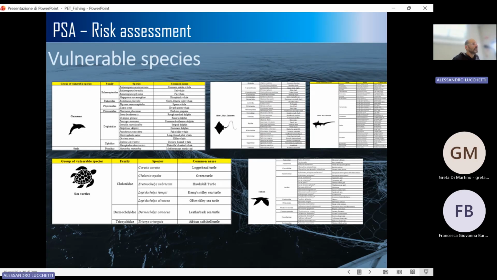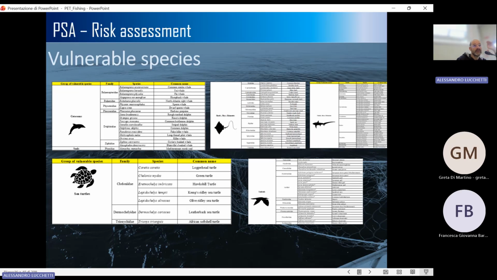So dealing with the vulnerable species, we have here in Mediterranean another complication because we are considering different sets of different list of species. We have the list of vulnerable species of the GFCM, but I don't know if you are familiar with the ICES.